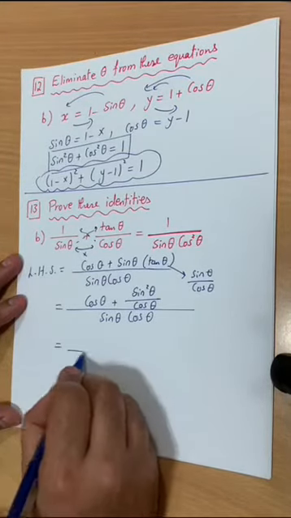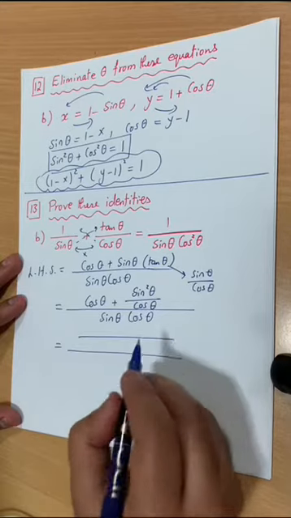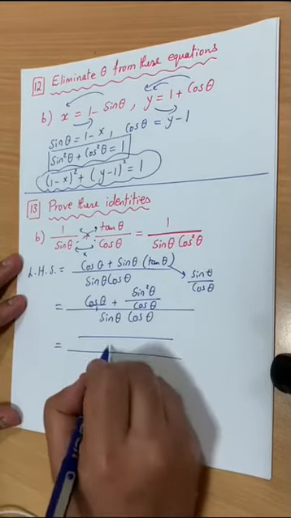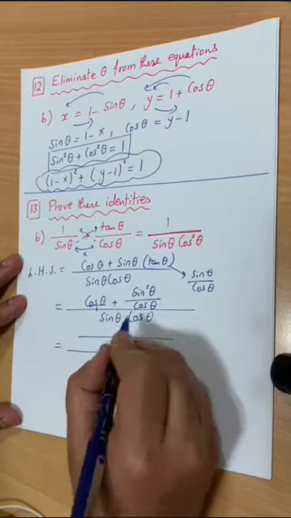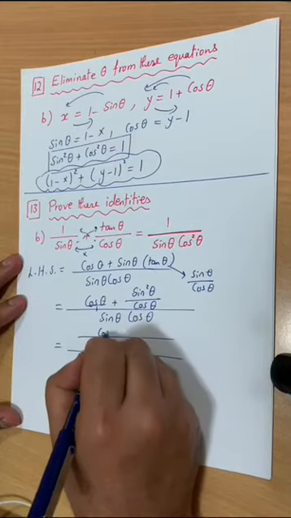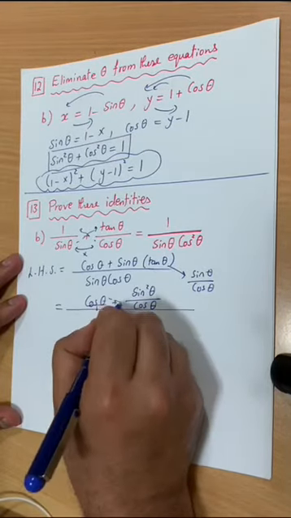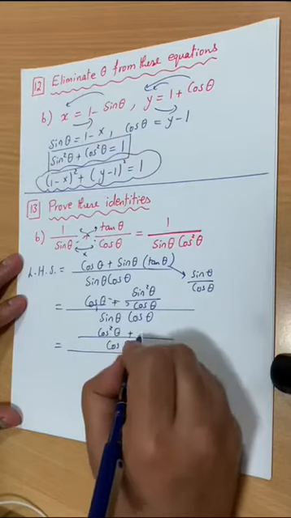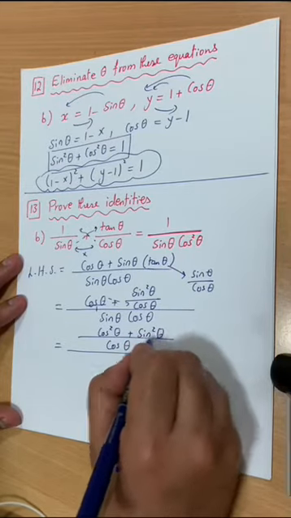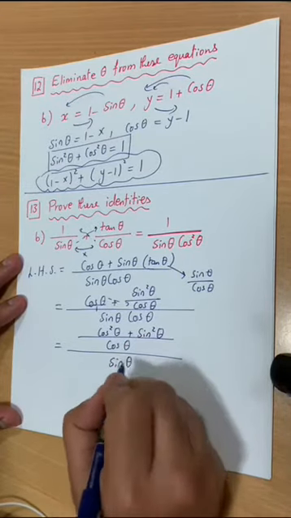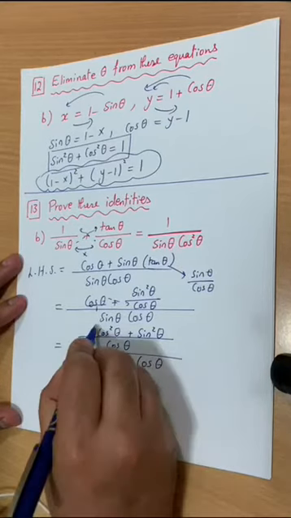Then you're going to make a common denominator for the numerator part. This is cosine over 1, so you have cosine theta. Then you do cross multiplying. Cosine by cosine is cosine squared, and then 1 by the sine squared is sine squared over sine theta cosine theta.